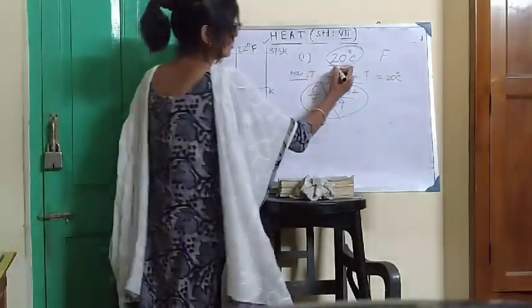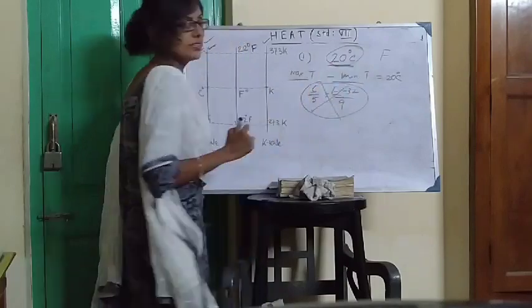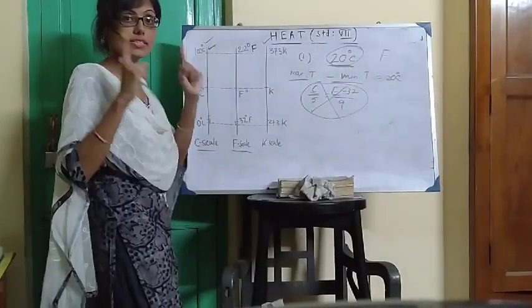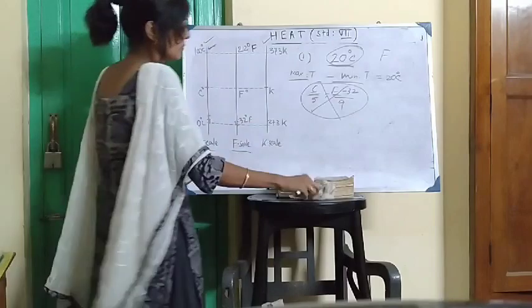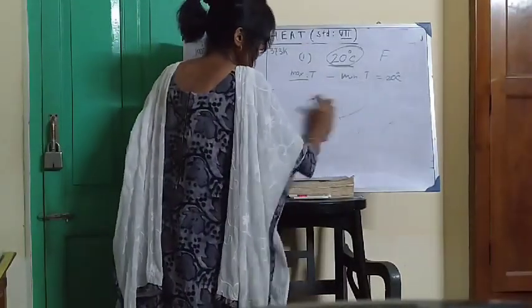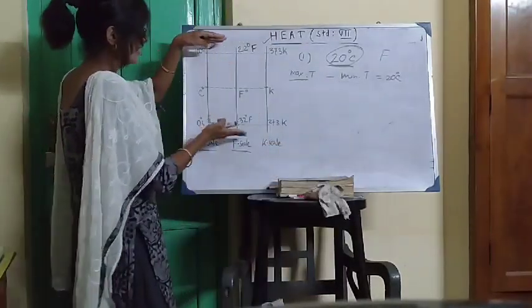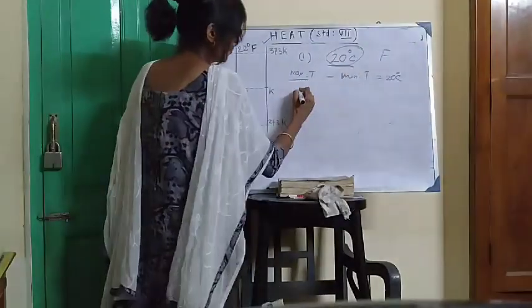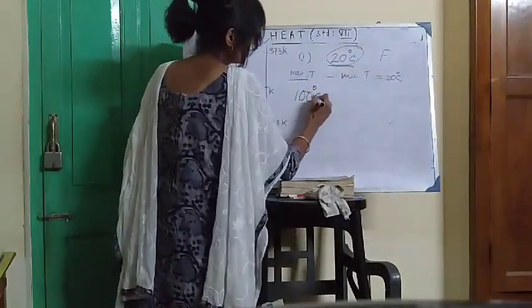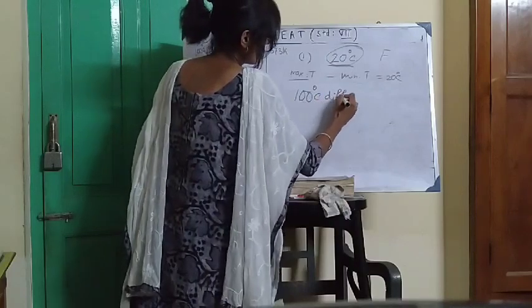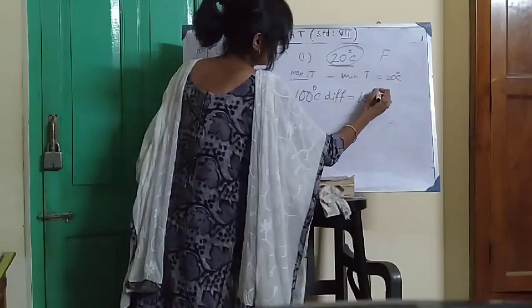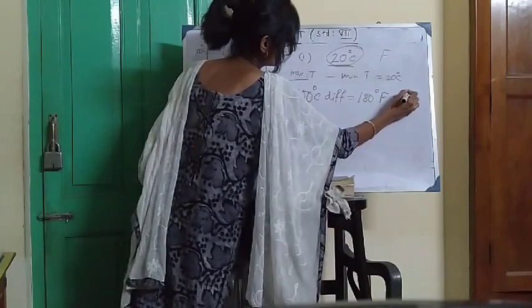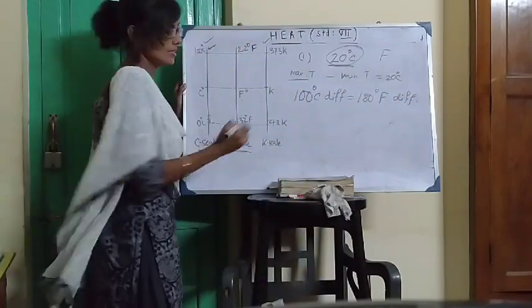Means one particular temperature, but the readings are in different scales. But in this question 20 degrees Celsius is given, that is the temperature difference. So you apply the relation between the fundamental intervals of C scale and F scale. 100 degrees Celsius difference is equal to 180 degrees Fahrenheit difference, right?